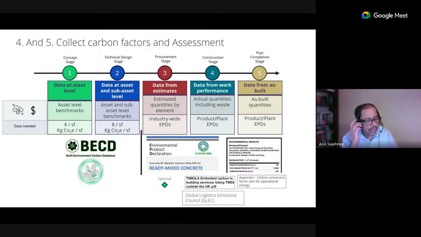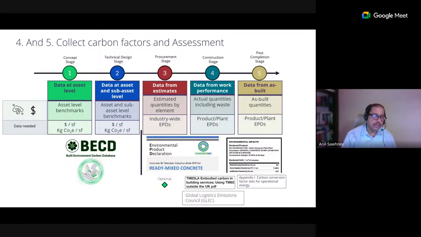You will have very high-level information at that stage. So at that stage, you would need asset level benchmarks. How do we do cost estimating in a concept stage? Rupees per square feet, dollars per square feet, right? But for different building types, different floors, different specifications. There's a lot of historical data which we use to do early cost estimates.